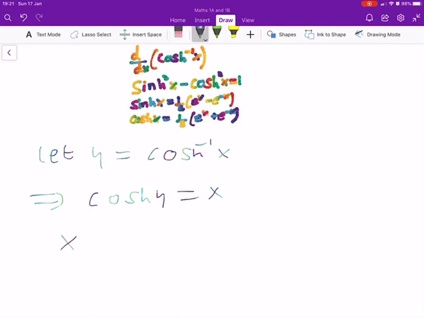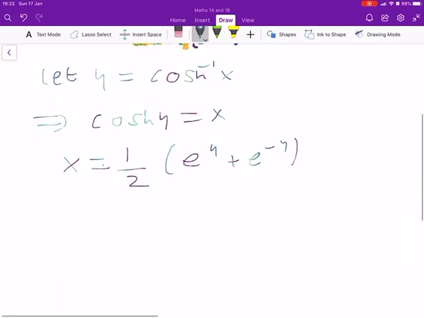So x is going to be 1 over 2 times e, because we're dealing with y now, so it's cosh y, so it's e to the y plus e to the minus y. And now when we differentiate that, so dx dy, they're all times by half, so don't worry about it, just leave the half there.